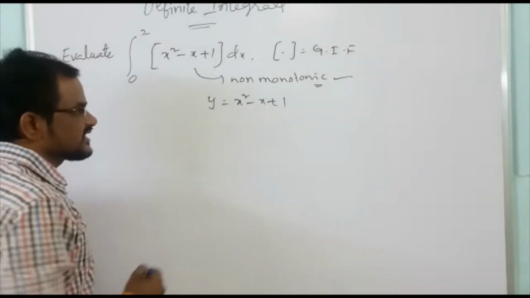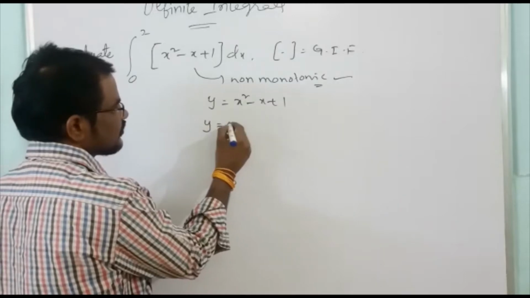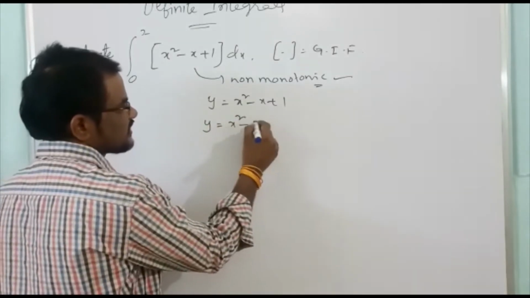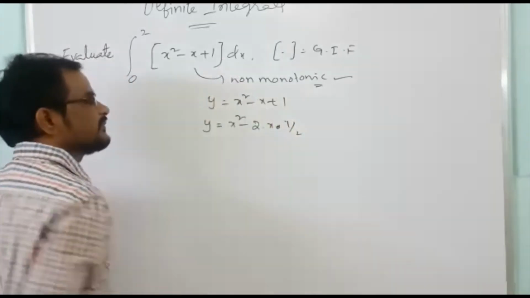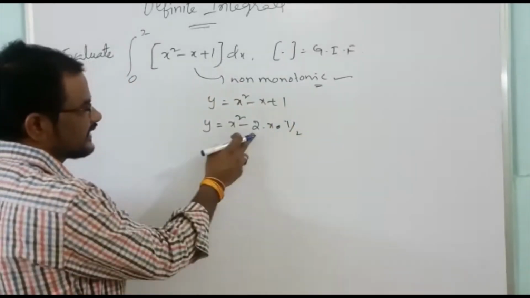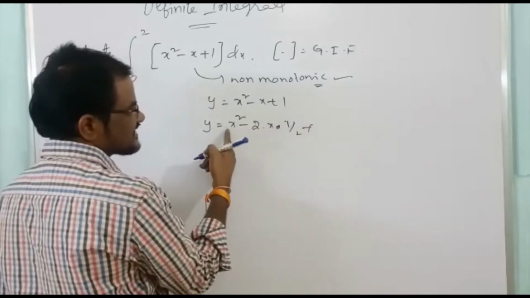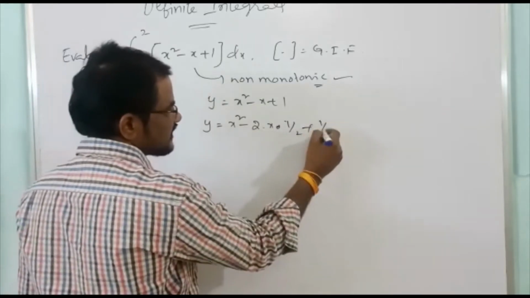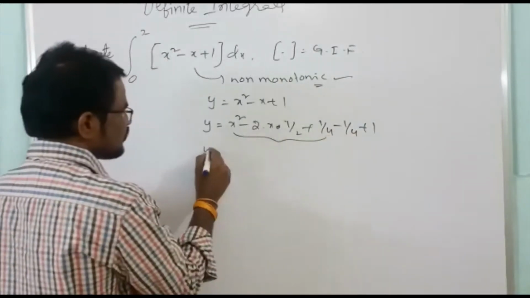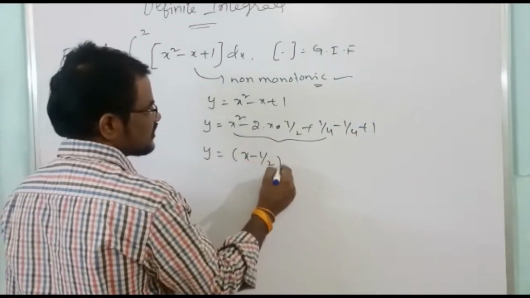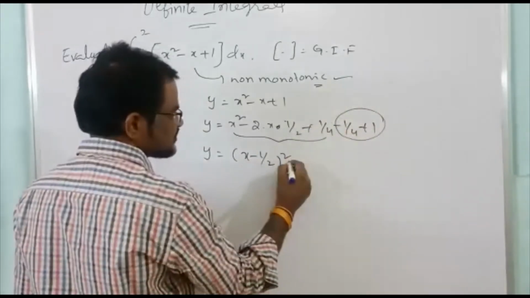If you find the vertex of this one, y equals x squared minus x plus 1. To get it in the form of a perfect square, 2ab is needed. So it is in the form of a squared minus 2ab plus 1 by 4 minus 1 by 4 plus 1. From these three you can write (x minus 1 by 2) whole squared, and if you simplify these two, it is 3 by 4.